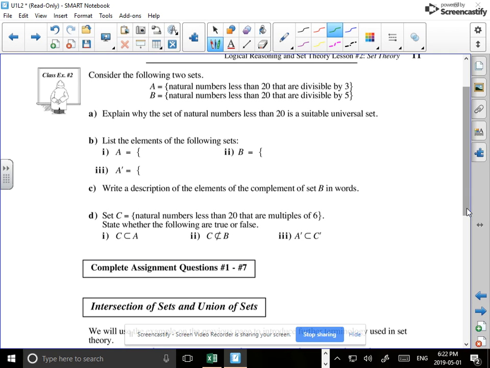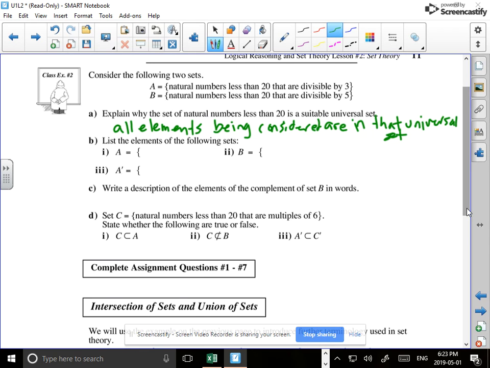Why is the set of natural numbers less than 20 a suitable universal set? This is just because all the elements being considered are in that universal set.